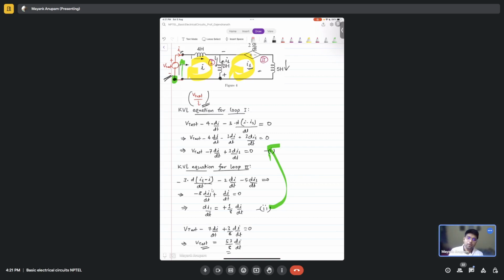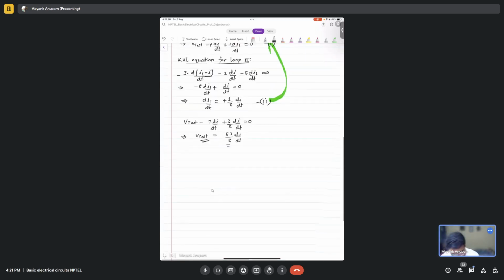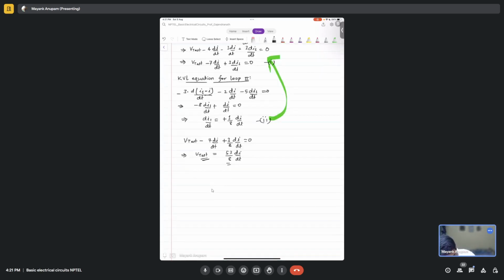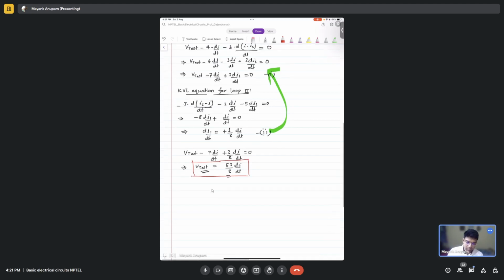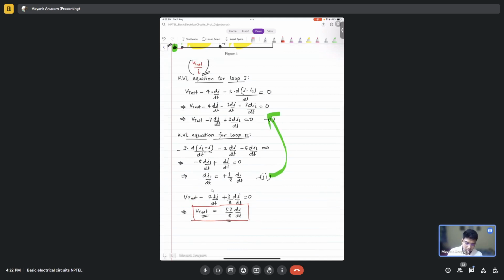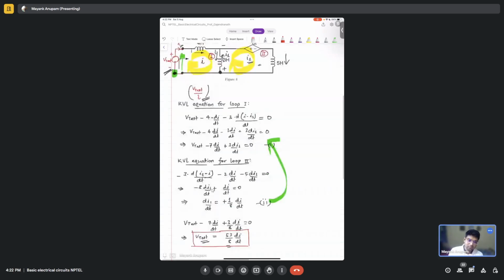But here, after solving, what we are getting is not a ratio of the form that we desired, but something else. V test is equal to 53 by 8 into di/dt. It's not a ratio between V test and I, but between V test and di/dt. So what is wrong, or is there a problem at all?